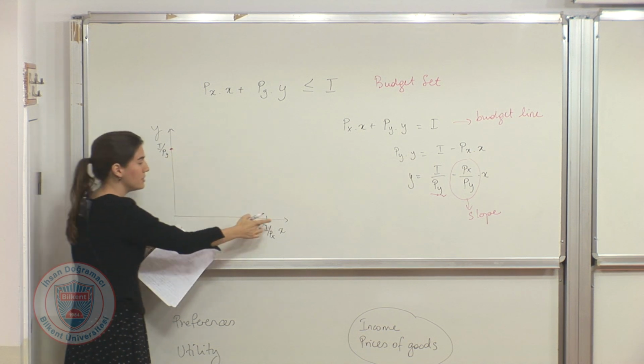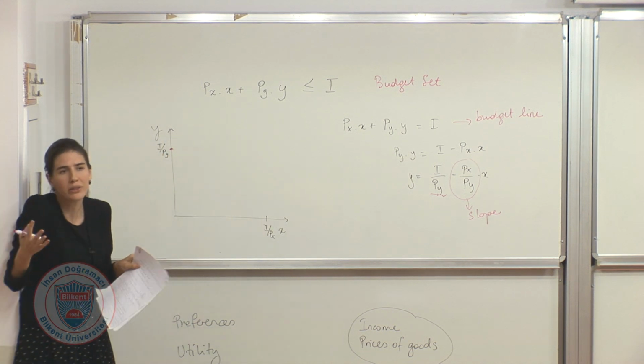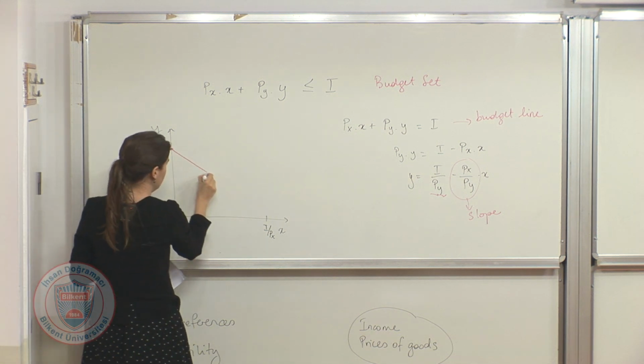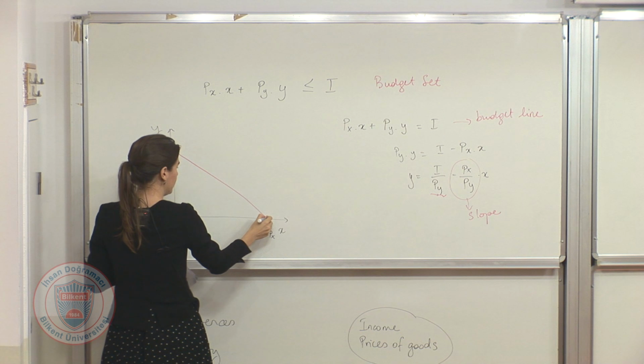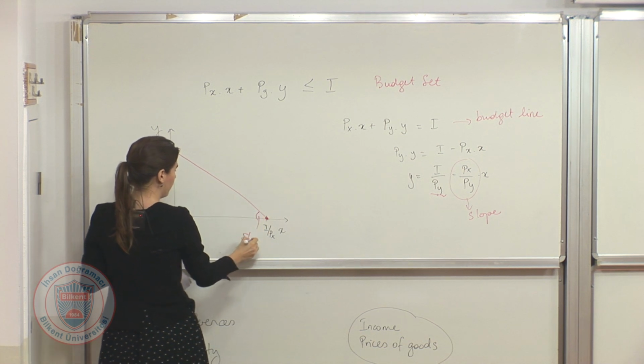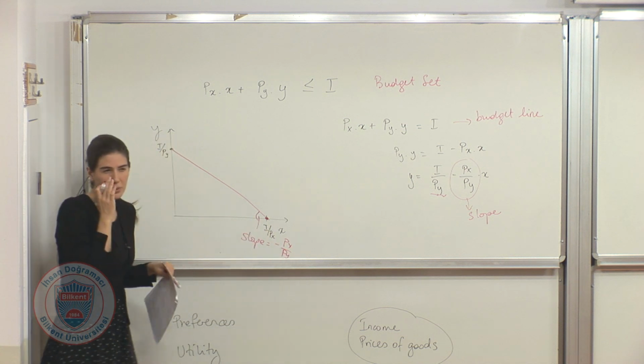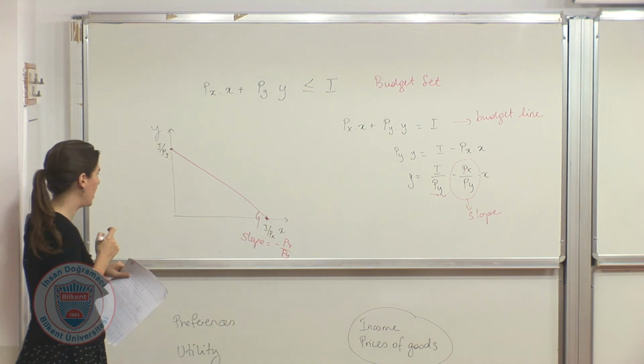And this is the maximum amount of X you can buy with your income. So we draw this, and the slope will be minus Px over Py.